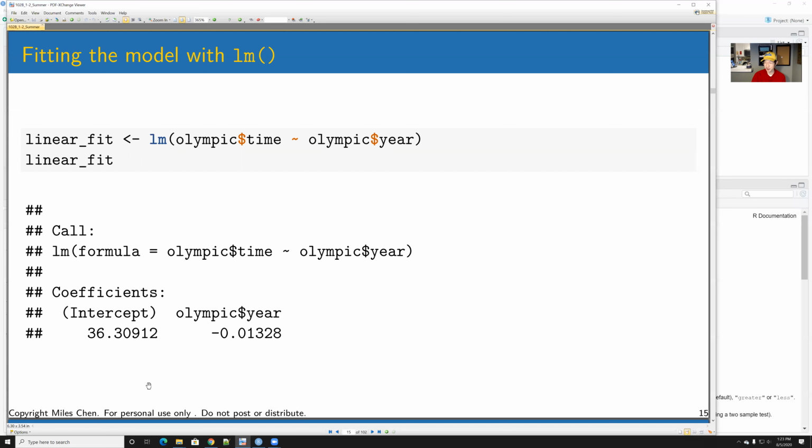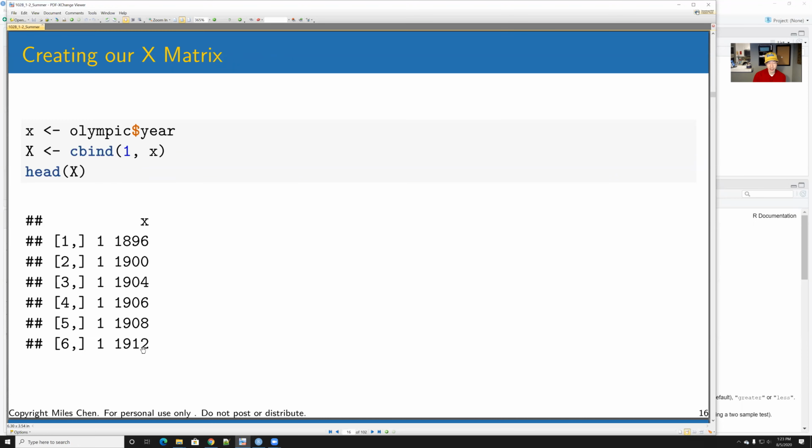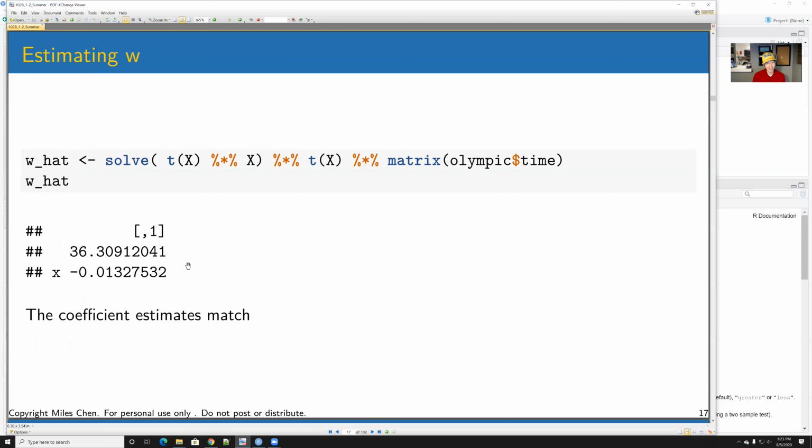But yes, you're right, we would not extrapolate. So right now we can just leave it as X. It is common to standardize, but it's not necessary for linear regression, though it can be done.